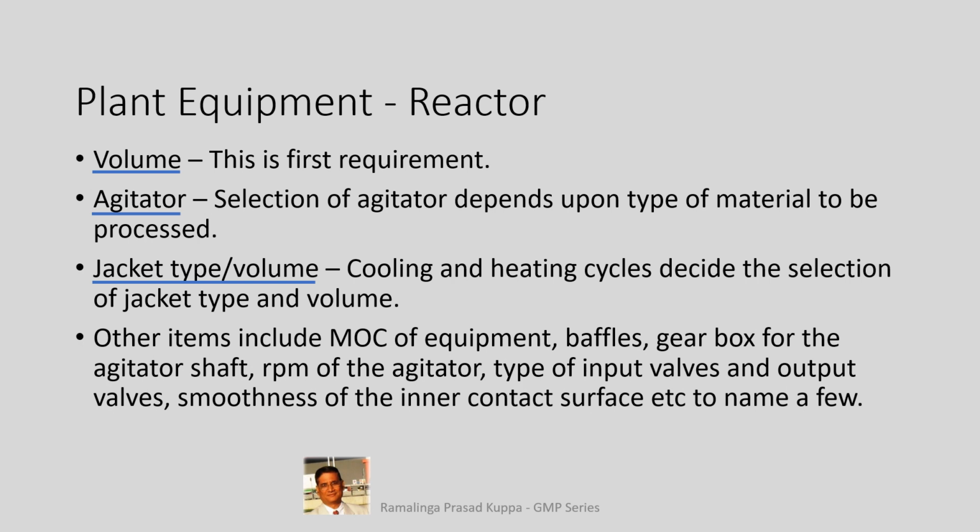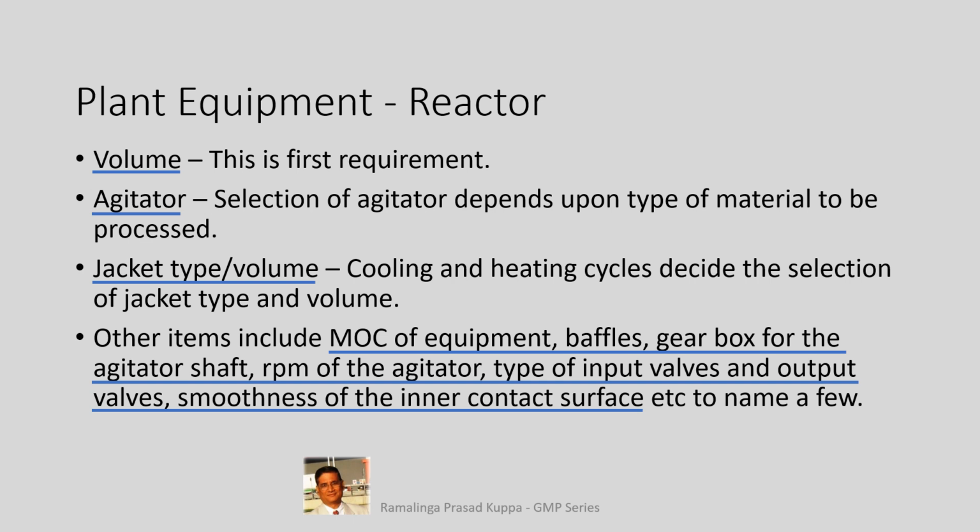Other items include material of construction of equipment, baffles, gearbox for the agitator shaft, RPM of the agitator, type of input valves and output valves, smoothness of the inner contact surfaces, etc., to name a few.